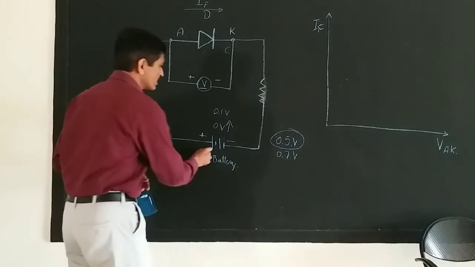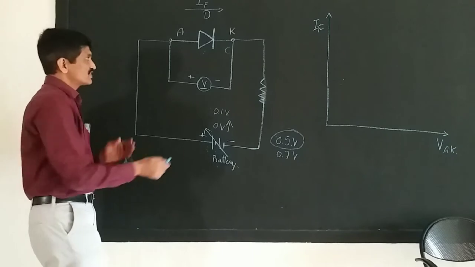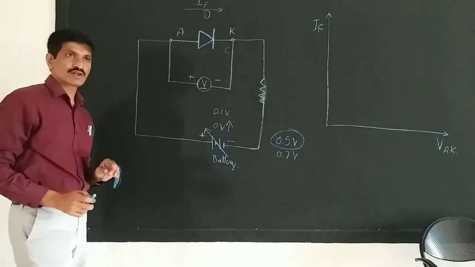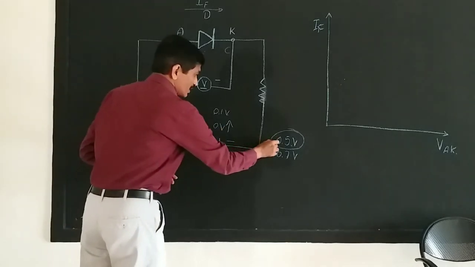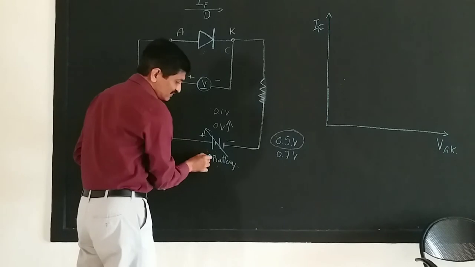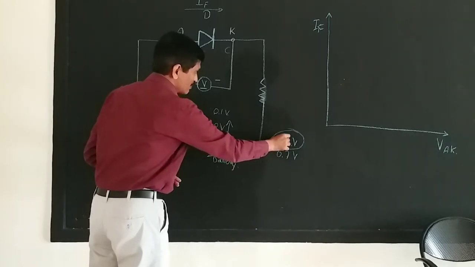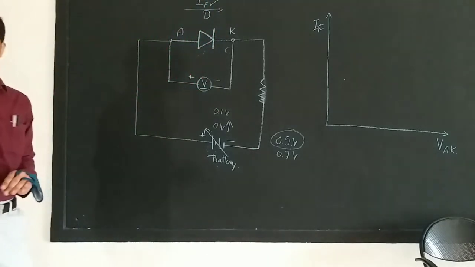If we go on increasing the voltage of this external battery, which is applied directly to this anode and cathode terminal of the diode, till the voltage applied from this external battery source crosses this junction potential, there will be no marginal rise in the diode current.